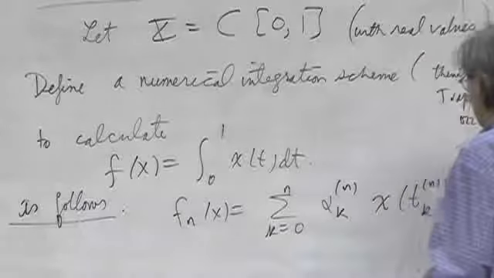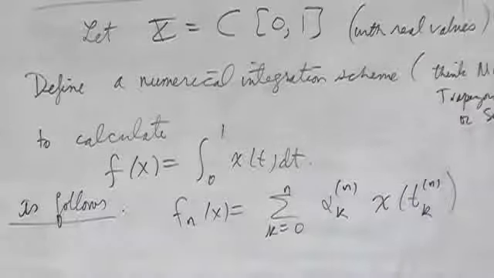So what I'm going to have is some nodes, so-called. Usually you just think about them as the partition points: 0 less than or equal to t_0^(n), less than t_1^(n), less than and so on, less than t_n^(n), less than or equal to 1. You don't actually have to use the endpoints if you don't want to.